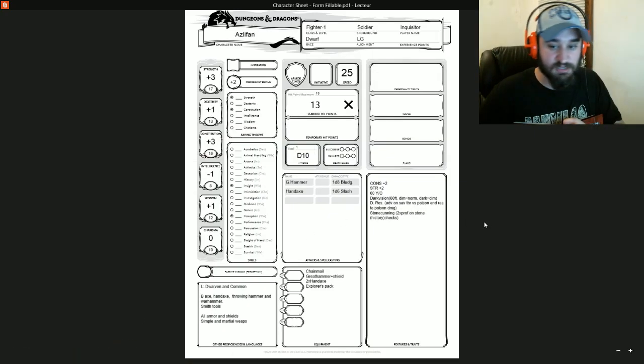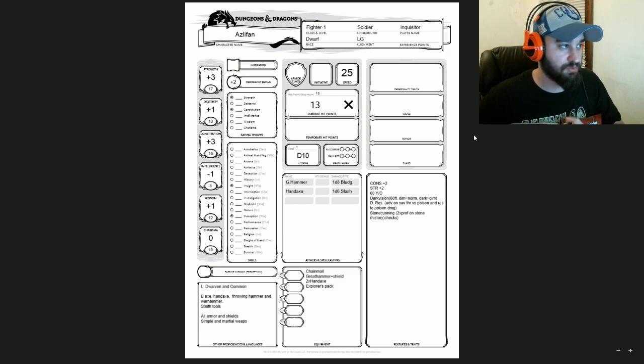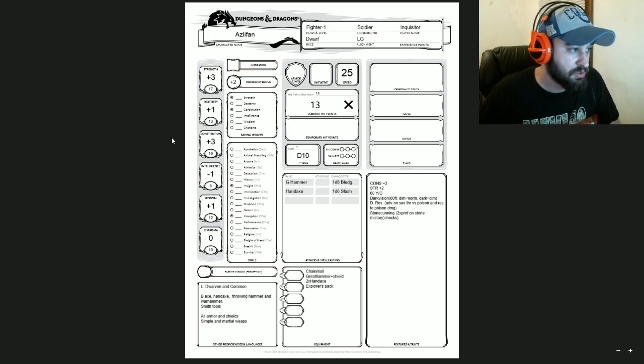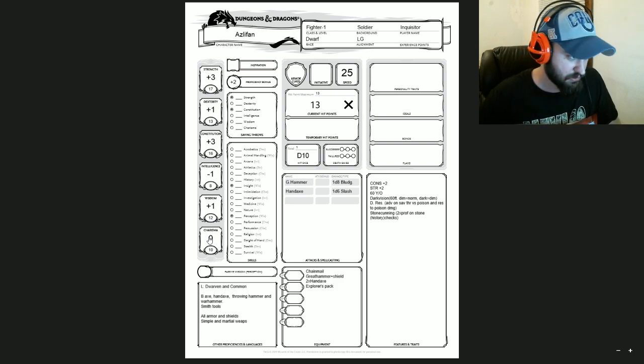Okay, so let's get back to the sheet right here. So that is the second way that I wanted to show you to roll your own stats. So now that we have all the stats, what does it mean, right? Well, it means that you have better or worse stats when you have to do ability checks. So for example, if I were to do a charisma based check, I would have to roll a d20 with no bonuses.